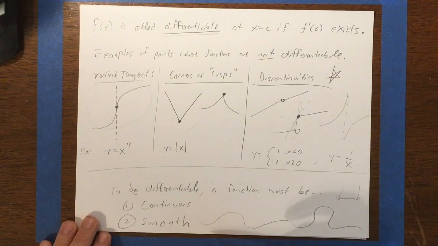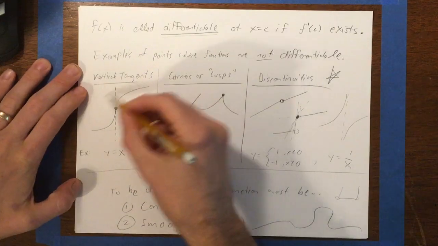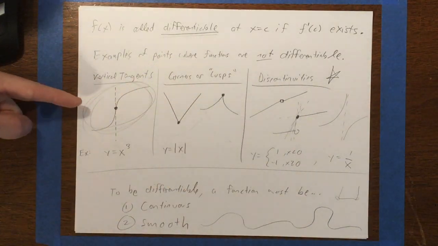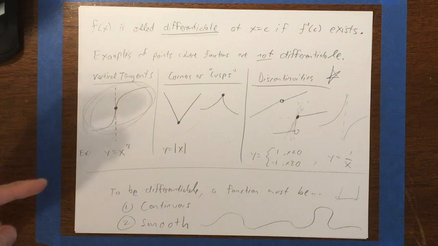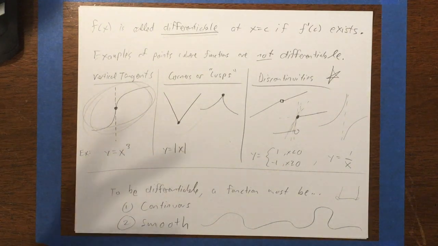Even these two conditions are not actually sufficient because of this example, where it's both continuous and smooth, and yet it's got this vertical tangent line. So for now, this is not meant to be like a rule that if it is continuous and smooth, you can calculate the derivative. But at the very least, it must be both continuous and smooth to have any hope of calculating a derivative or a tangent slope.